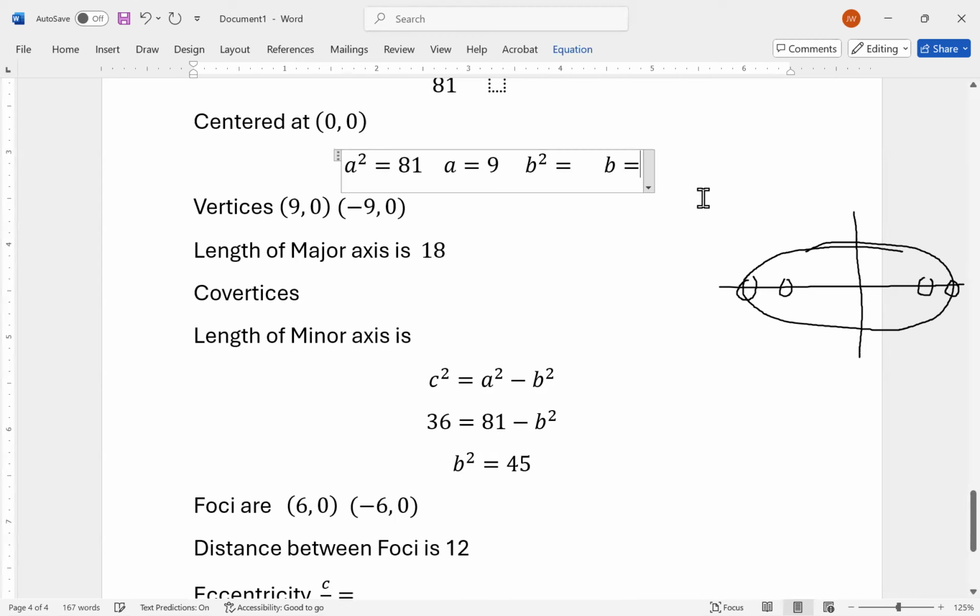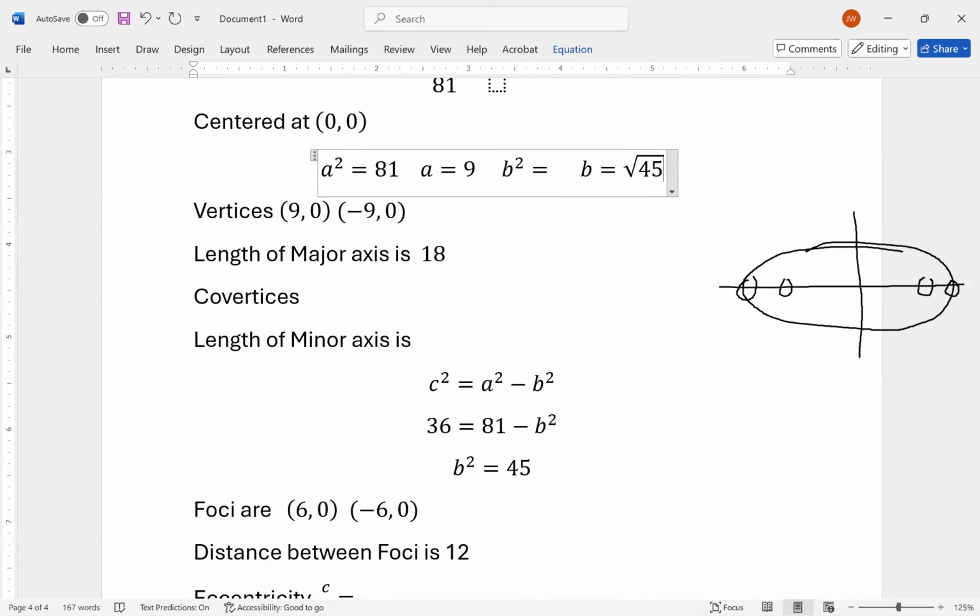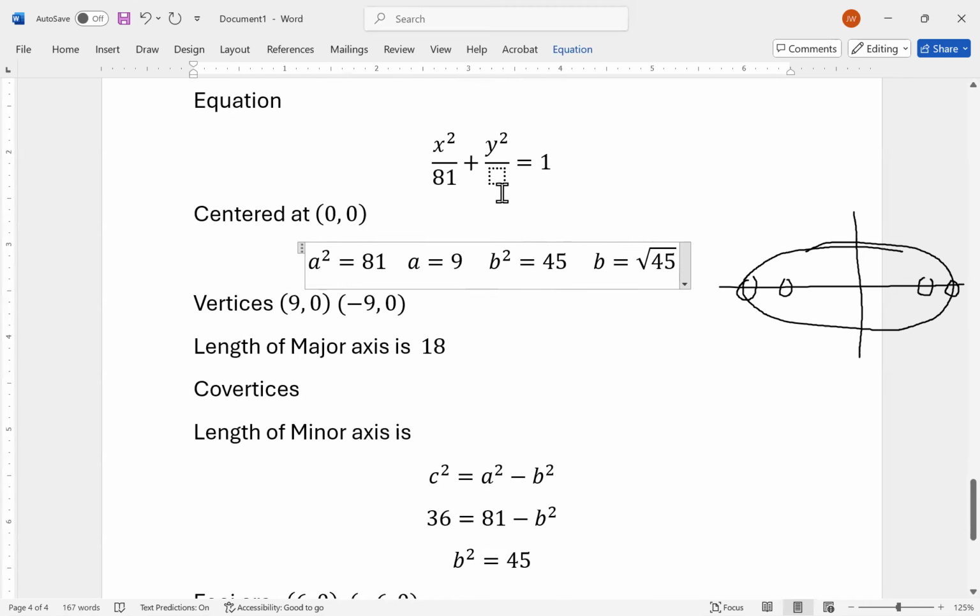I'll write that up here. By the way, that's 3 root 5 if you wanted to say that. And then b squared is equal to 45. So in the equation, since y squared has to be over b squared, I'll have y squared over 45.